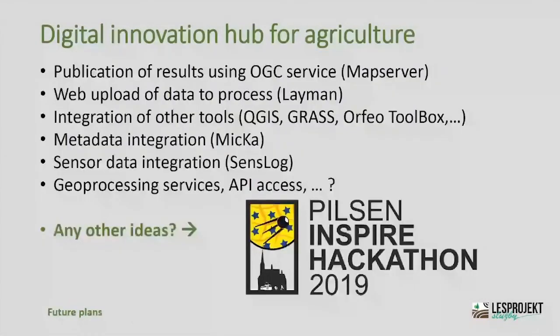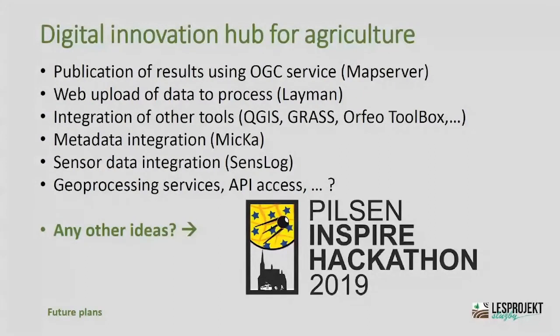So this was the overview of where we are now. For the future, as I was saying, it's really brand new, and we still have many ideas. We are planning to publish results using OGC services, so we are planning to use MapServer for that. We also are planning to enable web upload of data to process using Layman, which is our own development.